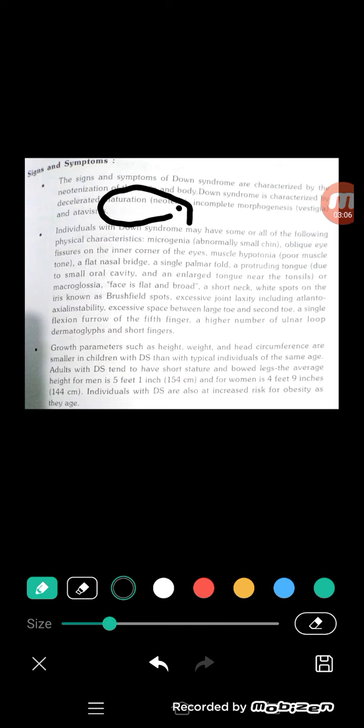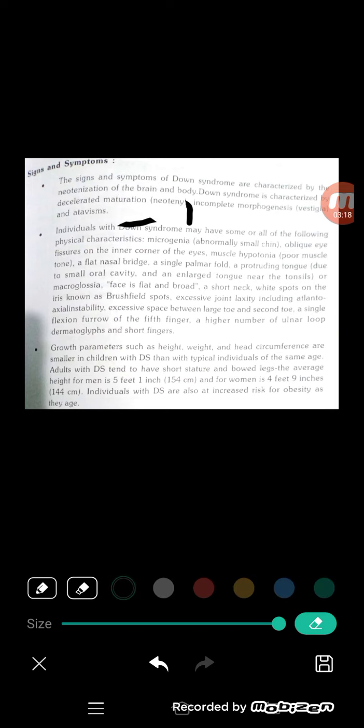There is only partial development of organs and working of the body. This symptom is known as neotenization, and it is present in the human body with Down syndrome.